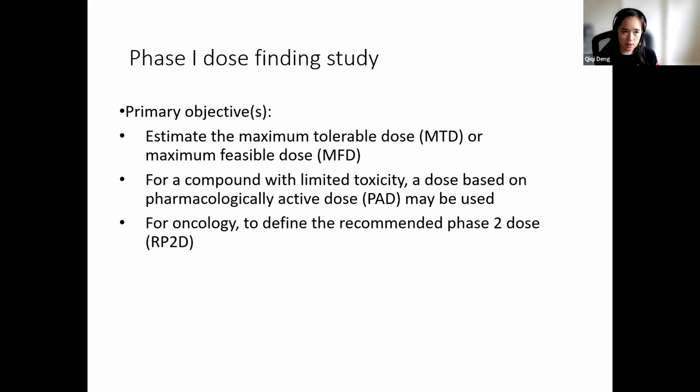This dose we call the pharmacological active dose. And then for oncology, we usually use phase 1 design to define the recommended phase 2 dose. We're going to cover oncology in a few separate slides once we talk about the typical phase 1 and phase 2 studies.